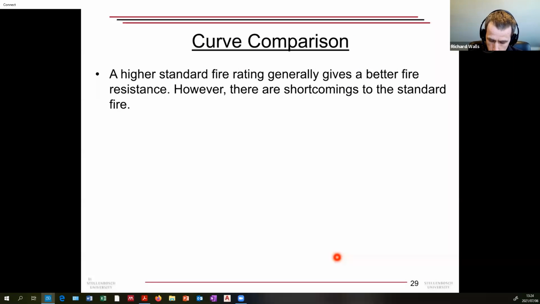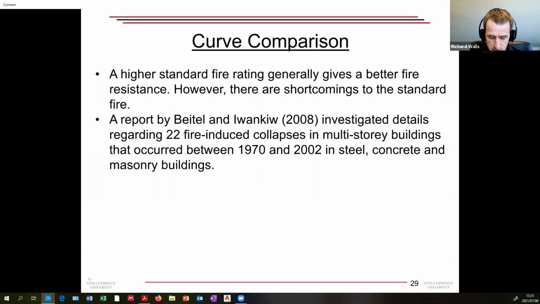But now, also, why would we start considering these different fire scenarios? A higher standard fire rating generally gives a better fire resistance. However, there are shortcomings to the method. A report investigated the detail regarding 22 fire-induced collapses in multi-story buildings that occurred over that period in steel, concrete, and masonry buildings.